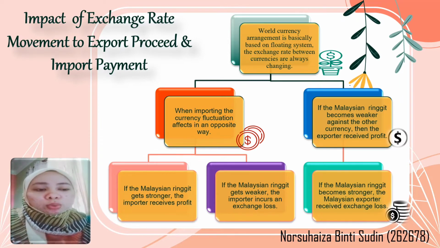So with a weak ringgit, it takes fewer units of foreign currency to buy the right amount of ringgit to purchase Malaysian goods. As a result, consumers in other countries can buy Malaysian products with less money. In other words, they receive profit.